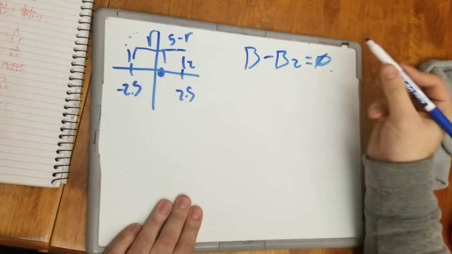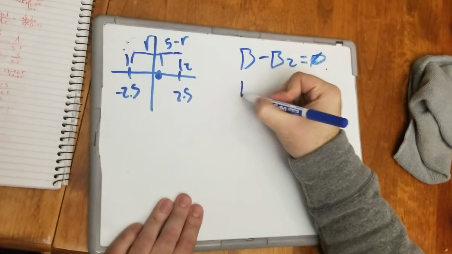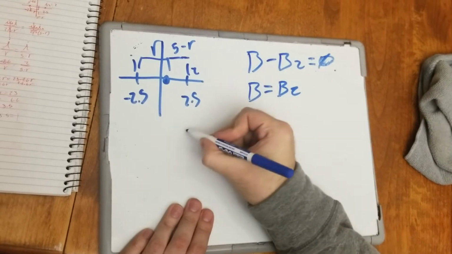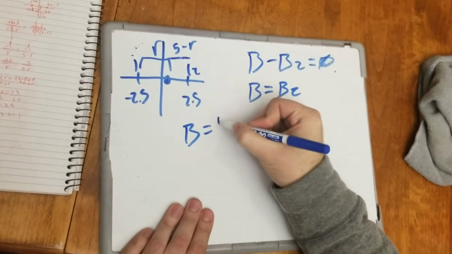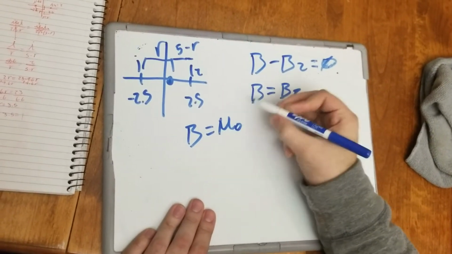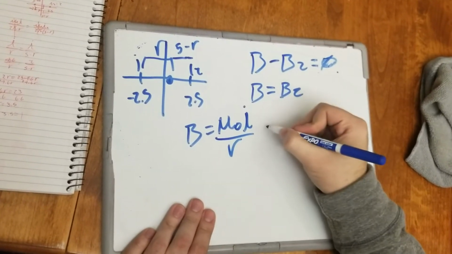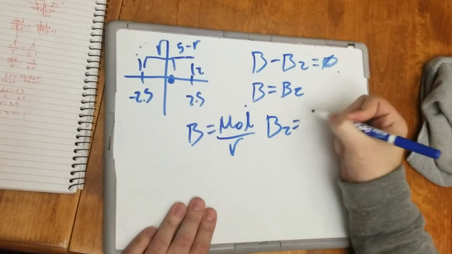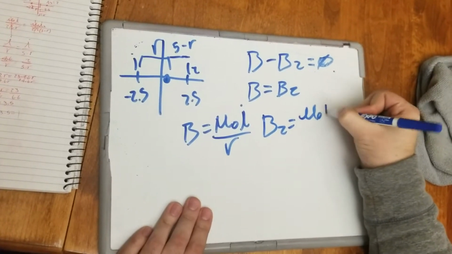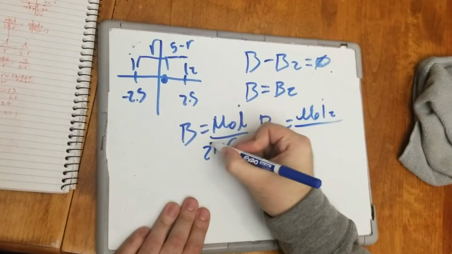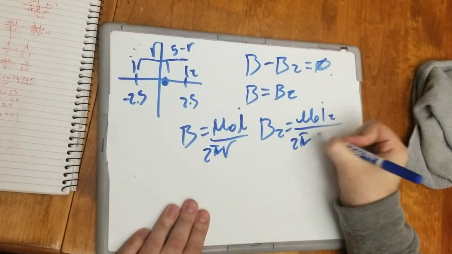equals 0. So we can say B equals B2. B equals mu I over 2 pi R, and B2 is mu I2 over 2 pi, 5 minus R. Wait, no, I forgot the 2 pi's.